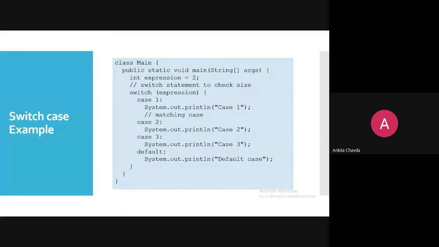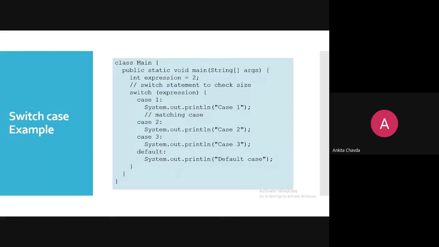But here you are printing that expression. If the case is 1, then print that is case 1. If here the expression you are having that is 2, print case 2. 3, then case 3. So you just need to change over here 1, 2, 3, 4, anything. If it is more than 3, right, it will simply say that that is default case. A very simple example we have seen.